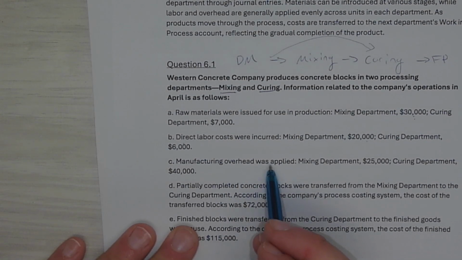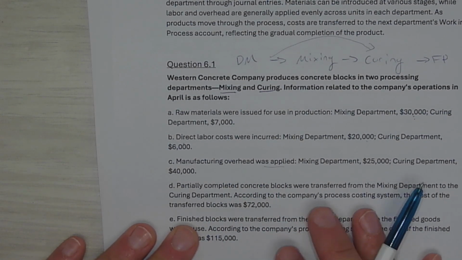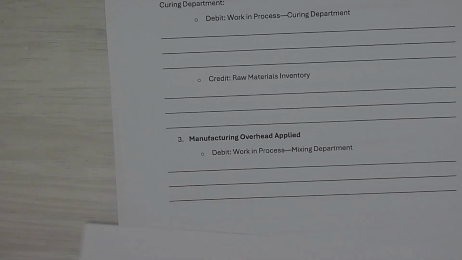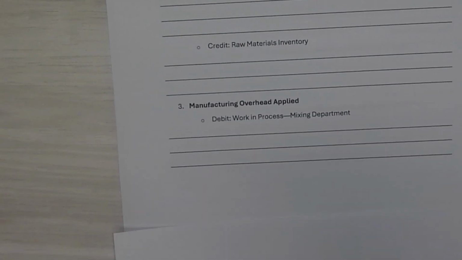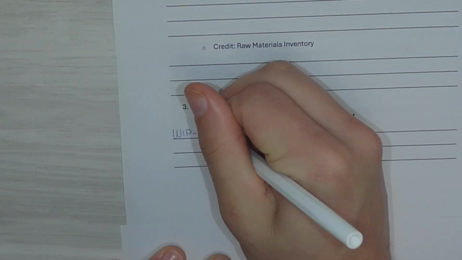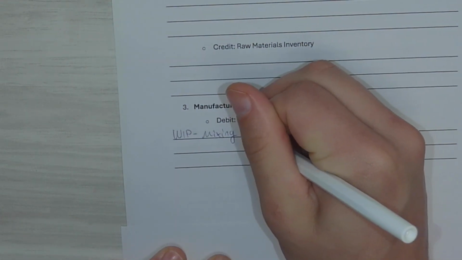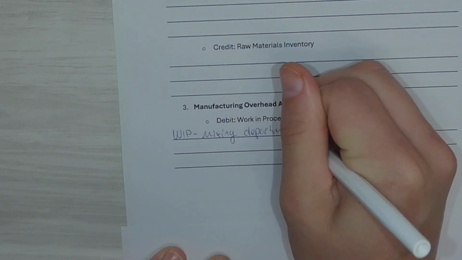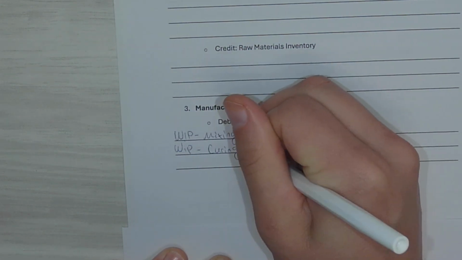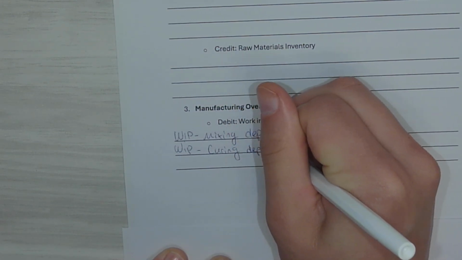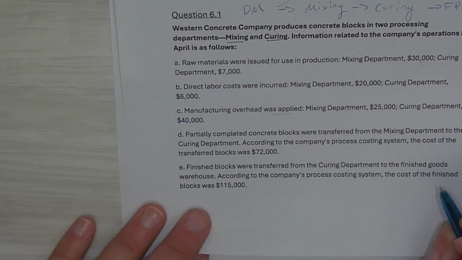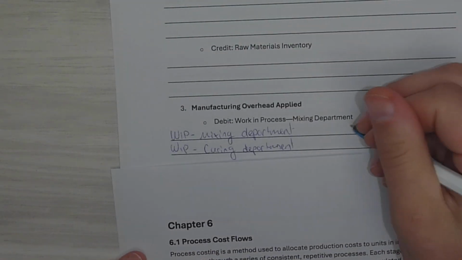Now we are going to apply our manufacturing overhead. And so we're going to do that in the same method. Again, our work in process, mixing department, our work in process, curing department, the amounts were 25 and 40,000 respectively.